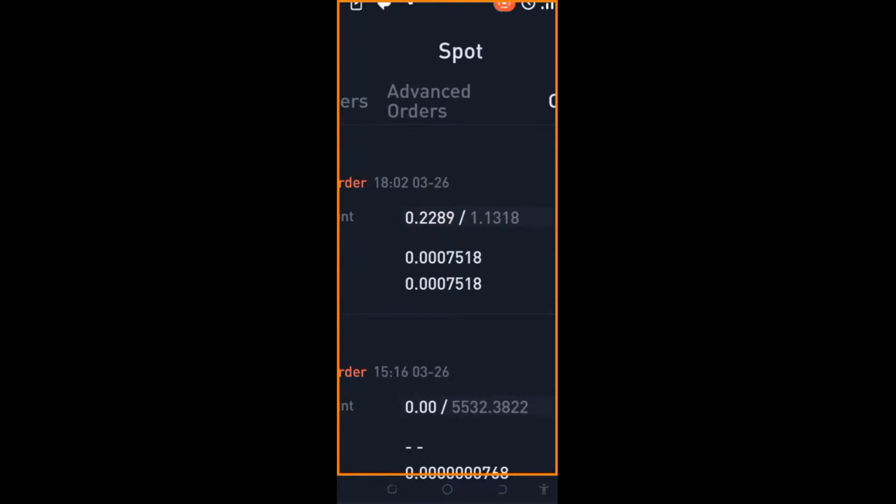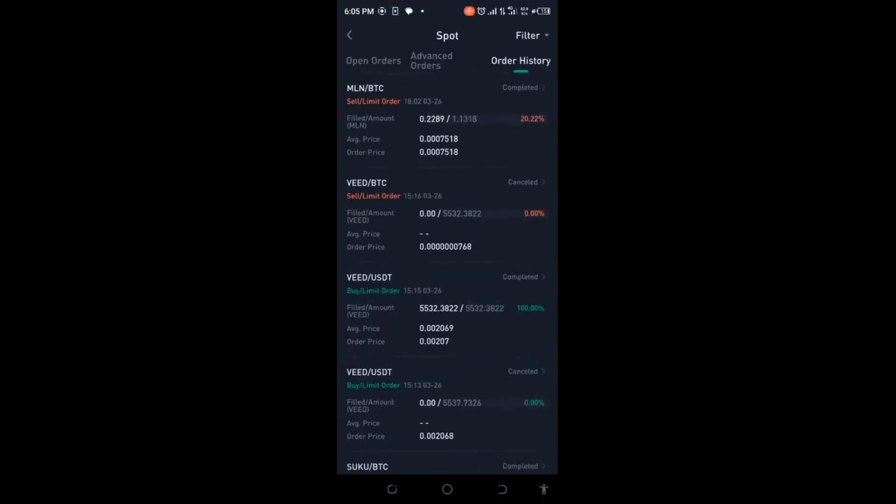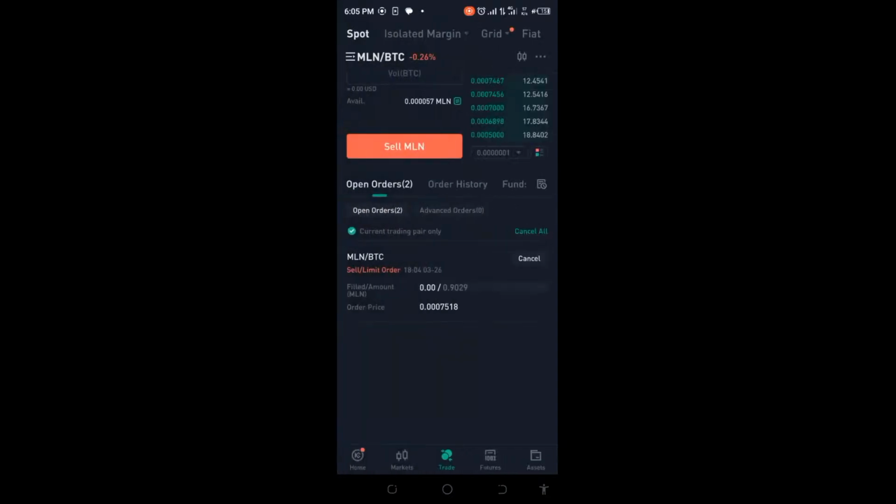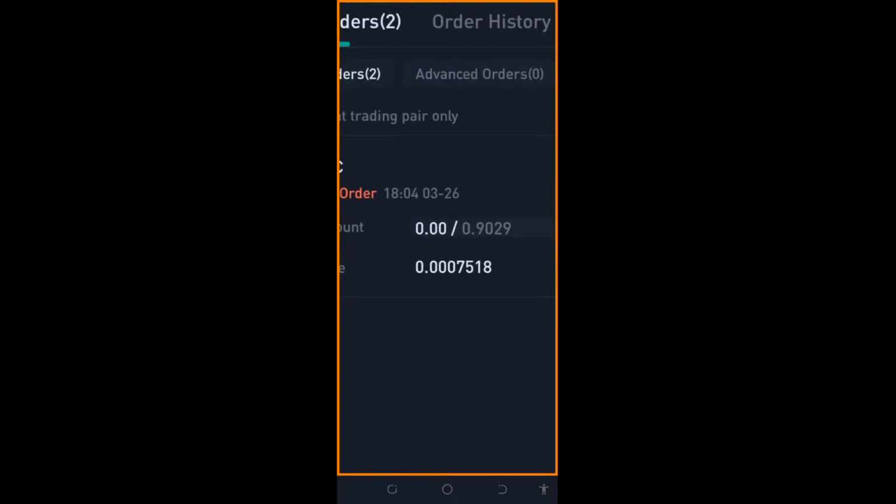We had 0.2289 that we got out of this particular amount. So that's why what we were left with was 0.9. Let's see the open orders. Here we are, currently in the queue, trying to see whether we can get this sold.